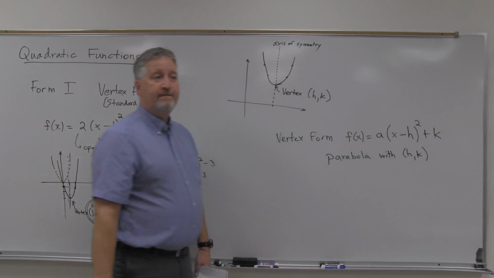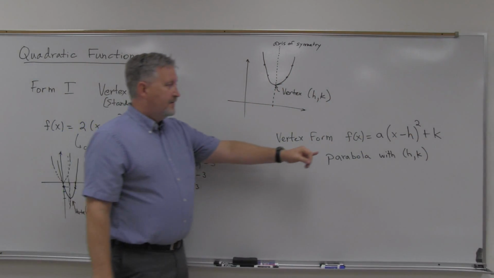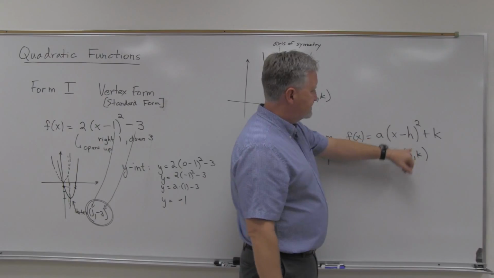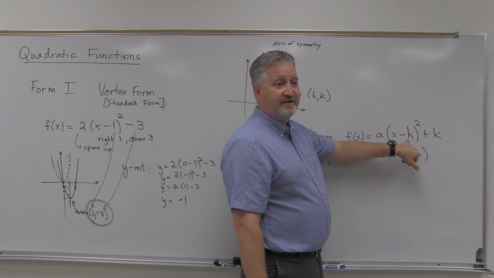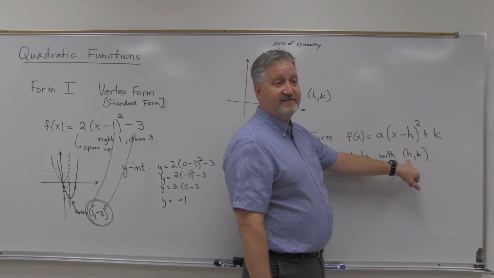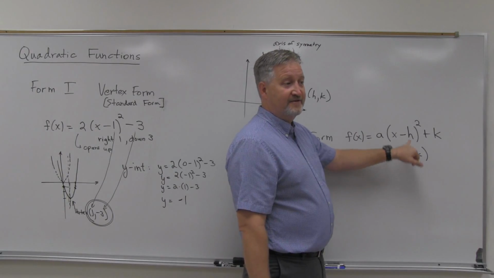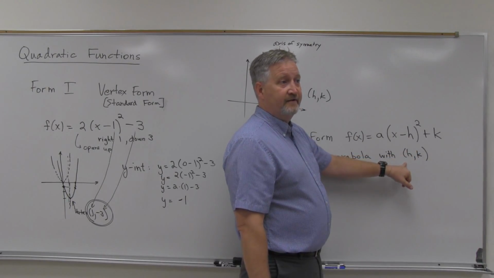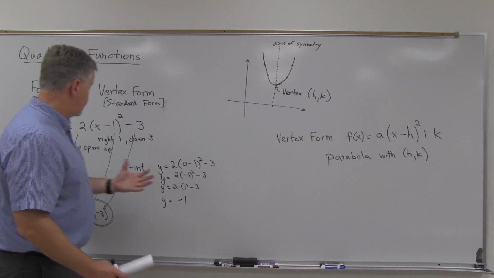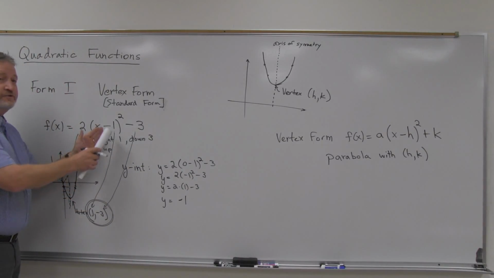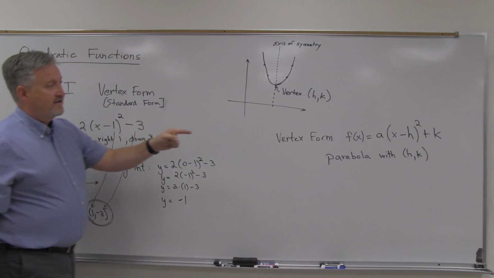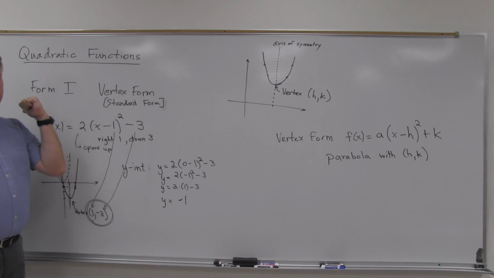Pay attention to what I wrote there. This is minus h, but the vertex is h, so those are opposite. Is it because it's squared? No, it's because of the shifting. A minus 1 goes to the right, and a positive 1 would go to the left.